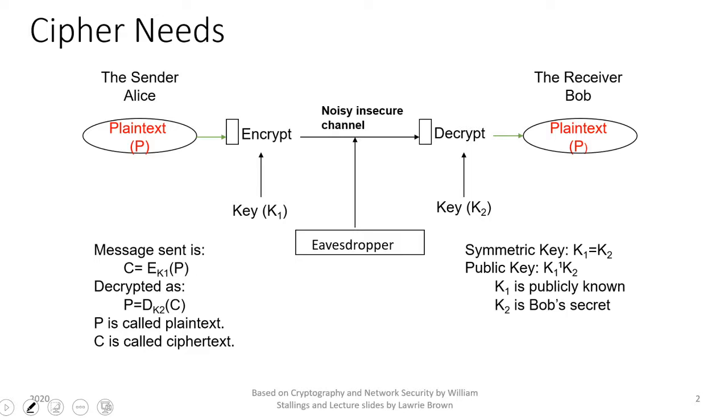So, we want to start from a plain text from the sender, and then we will use an encryption function, and then that will be transmitted through what can be categorized as an insecure channel, where there may be the risk of someone eavesdropping or someone listening in onto that conversation or communication. Then at the receiving point, that message can be decrypted and we can get the plain text back.